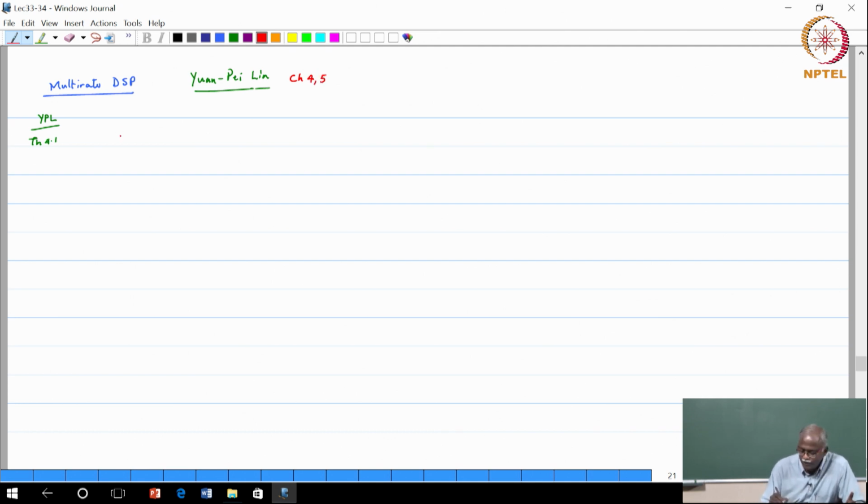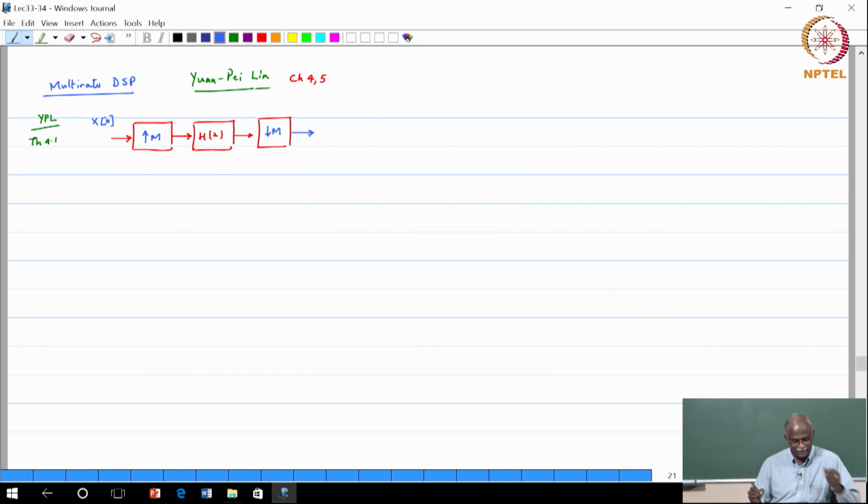Theorem 4.1 in this book says a well known result to us, but let us pick it up with the notation. If I have an input x of n which I pass through an upsampler by m, followed by a filter h of z, followed by a downsampler, you will be able to tell me what the answer is.